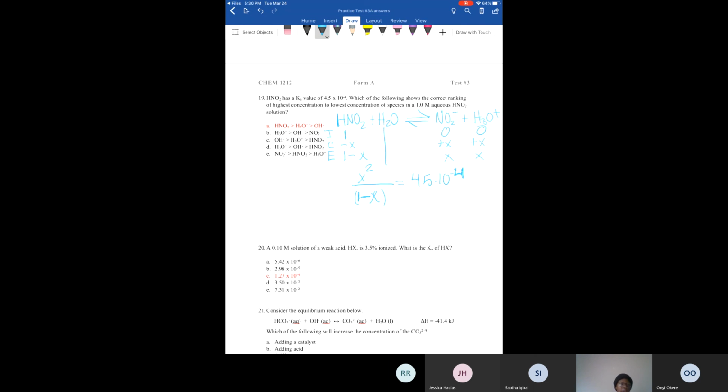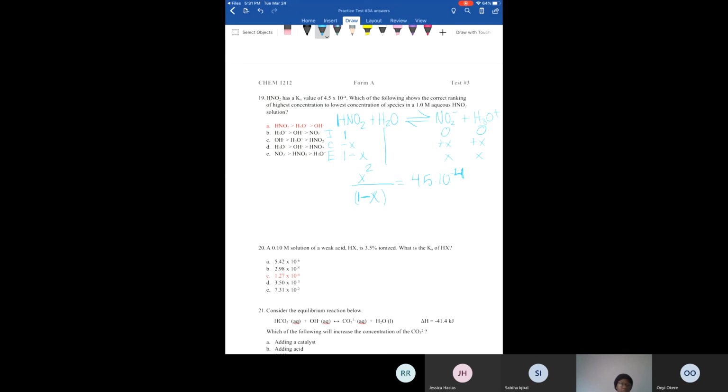Pretty much at equilibrium, any equilibrium constant lower than 1 means you're going to have more reactant at equilibrium than product. A K value greater than 1 is going to be more product than reactant at equilibrium.